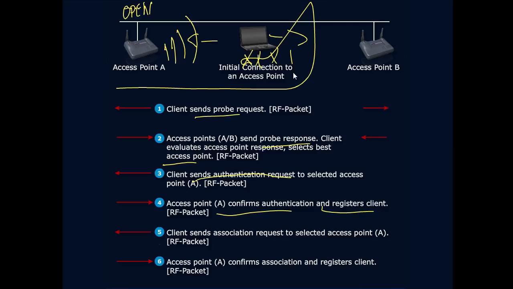Now with this open authentication process, there is no encryption whatsoever. So this is a completely open process. None of this information was encrypted, and none of the information we send subsequently will be encrypted. So this is a bad idea, right? But I have to give this to you as an option of wireless. We would want to implement anything at this point.